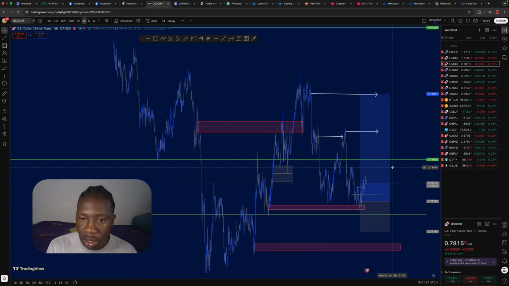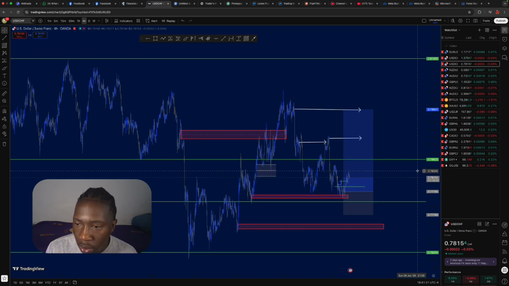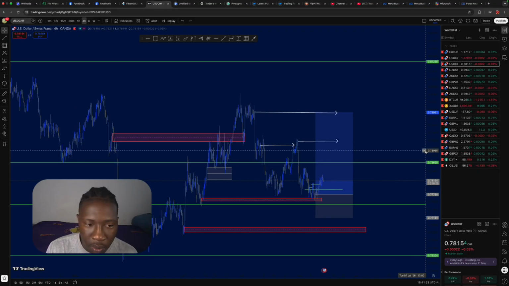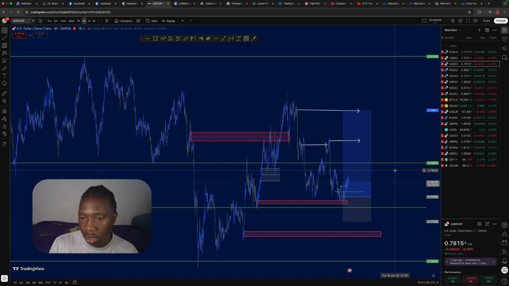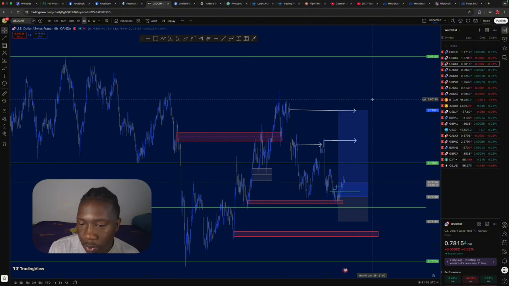If you can see, it has a good upper side movement. So we'll see, because the market looks like it is just ranging on this zone.